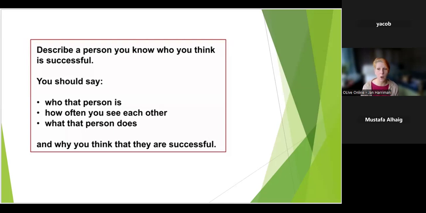You could describe someone you know. It could be either. If it's a famous person, how often do you see each other? Not personally, but I see them on television or in other places. What do they do? And who is that person?